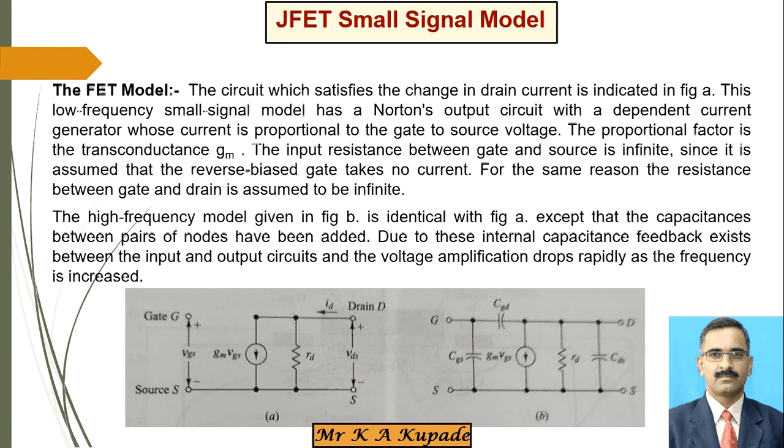Using the equivalent circuit, we defined for the low frequency small signal model how the resistance is considered, and for the high frequency model, the internal capacitors act as feedback for the input and output circuit, so the amplification voltage drops rapidly as the frequency increases.